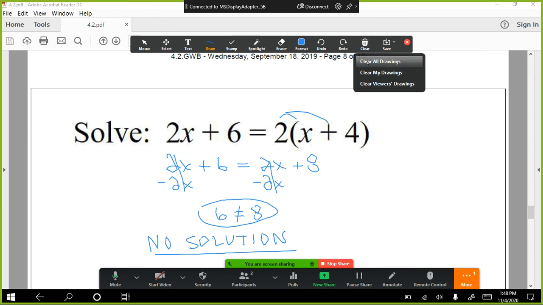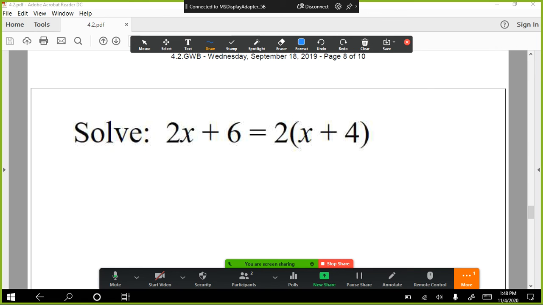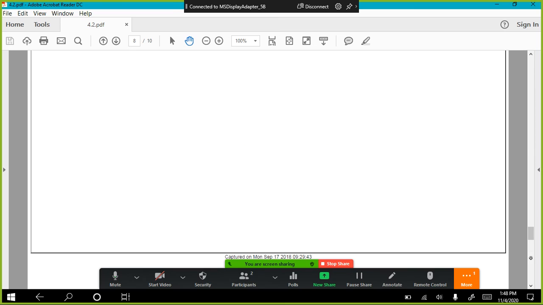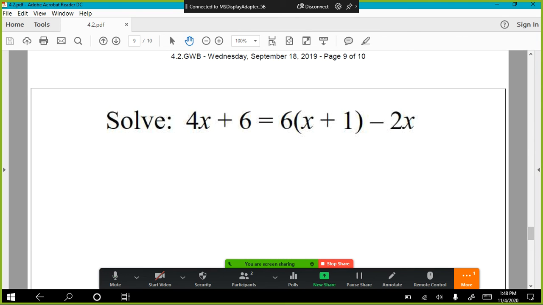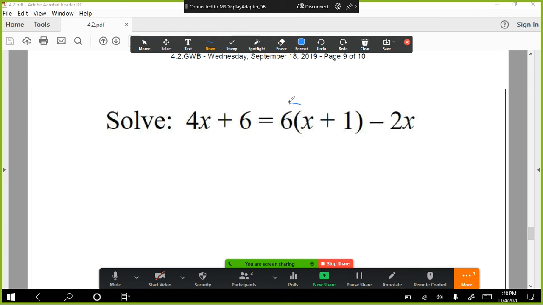Now watch, here's one more special case. Look at this one. I need to distribute the 6, so I'm going to have 4x plus 6 equals 6x plus 6 minus 2x. Here, I need to combine my like terms, so I'm going to have 4x plus 6 equals 6x minus 2x is 4x plus 6.